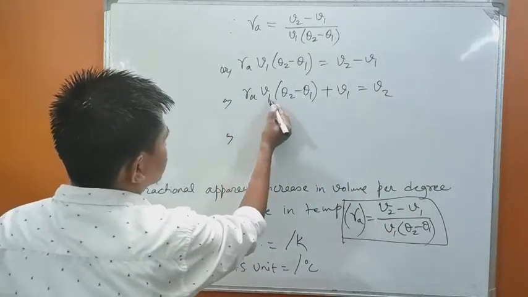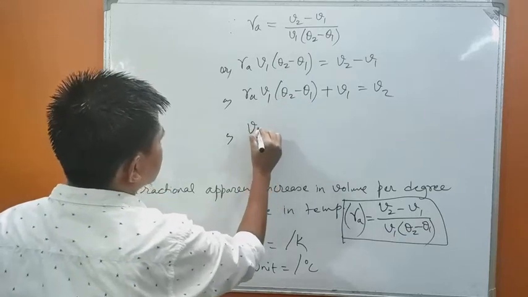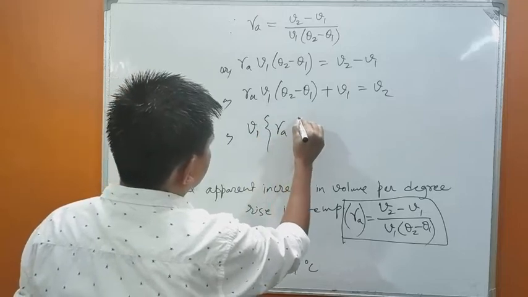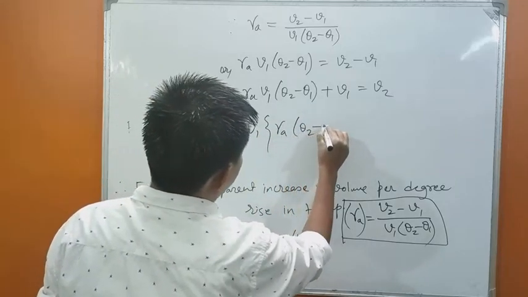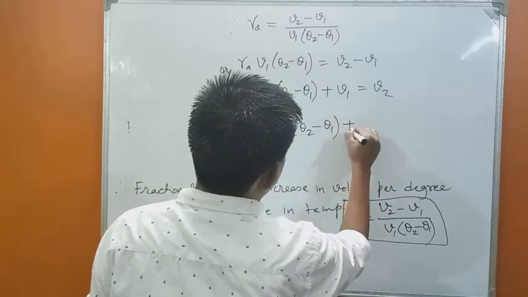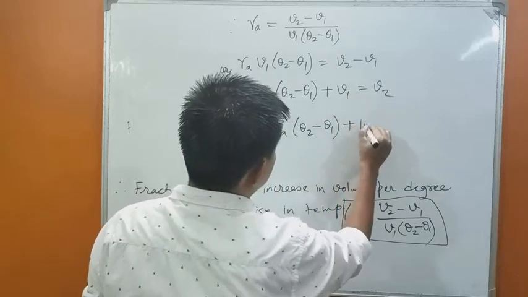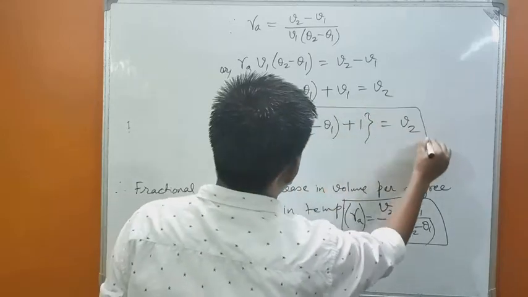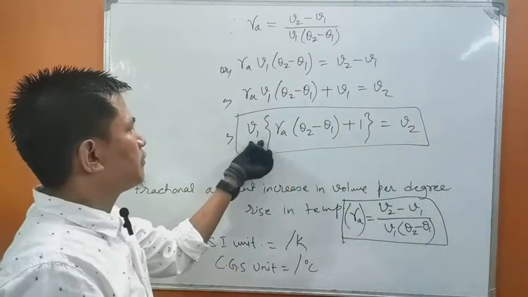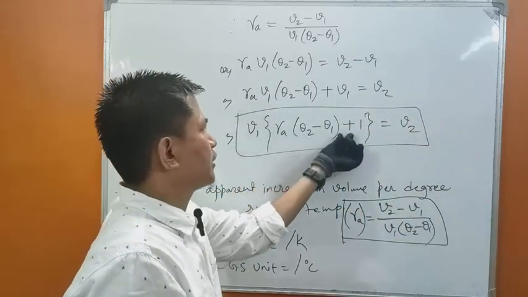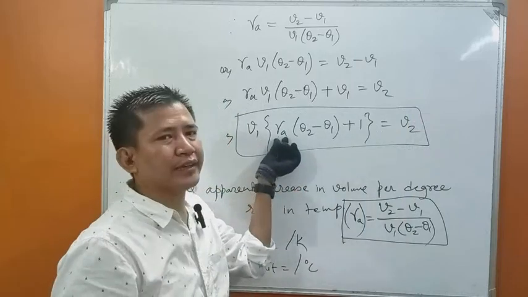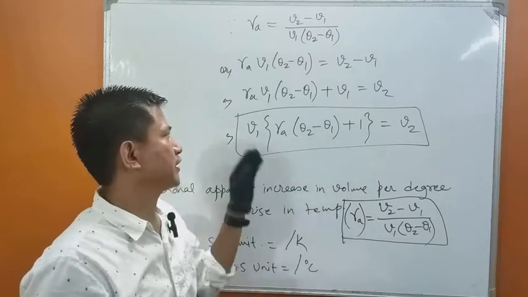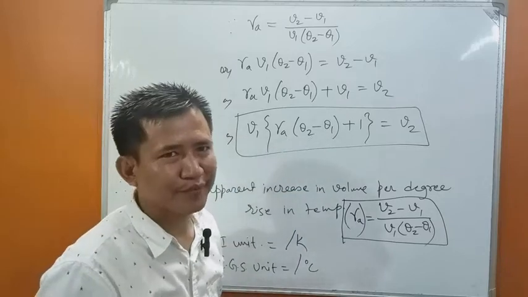Or you take V1 common, within the bracket remains gamma A theta 2 minus theta 1 plus, V1 is out, so remains 1, equal to V2. So the new volume of the liquid V2 will be V1 into gamma A theta 2 minus theta 1 plus 1. This gamma A depends upon the nature of the liquid, and this is the rise of the temperature. Okay, V1 is the original volume. I hope you got this.